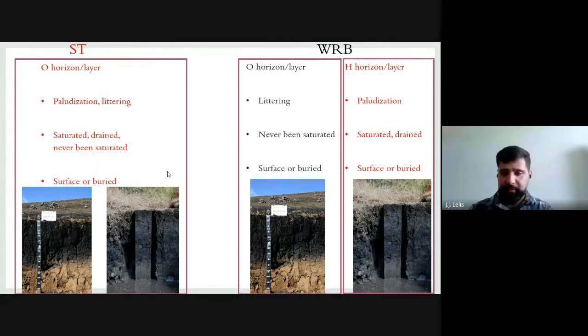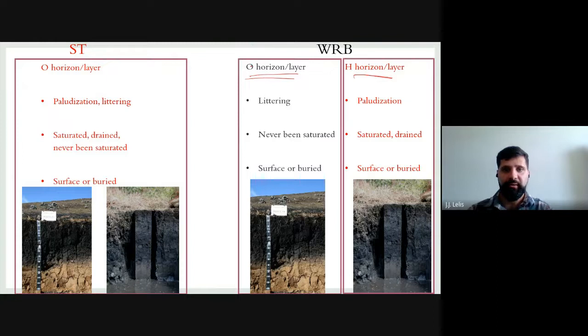And this is the soil taxonomy. We have just one horizon or layer which identifies organic material, the organic horizon. And in WRB, we have two different materials.